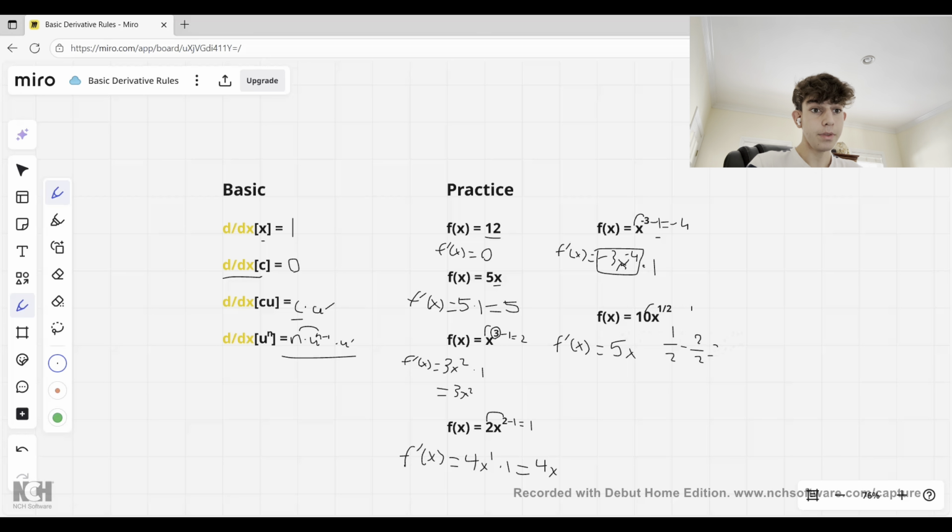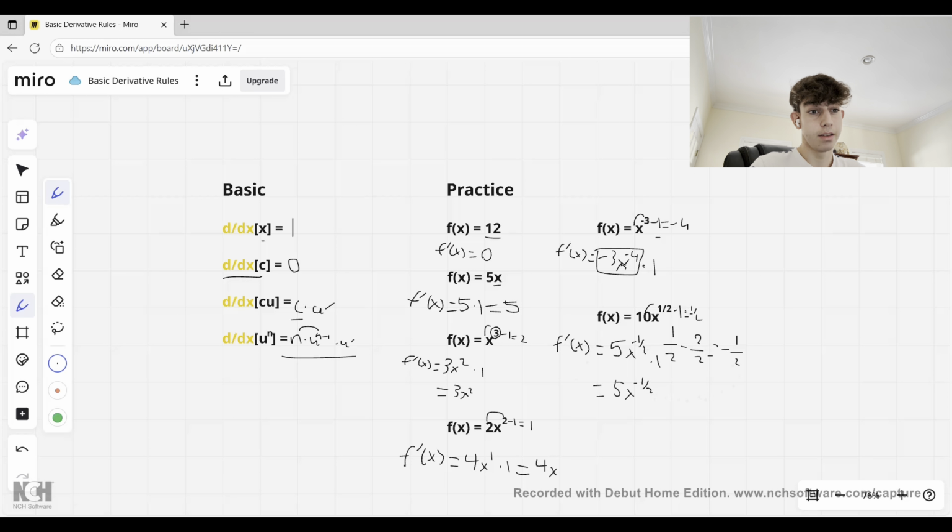And so your answer there is going to be -1/2. So again, you're subtracting your exponent by 1, which is going to get you -1/2. So just put the -1/2 as your exponent right there, multiply by 1 for the u prime, and your final solution is going to be 5x to the -1/2.